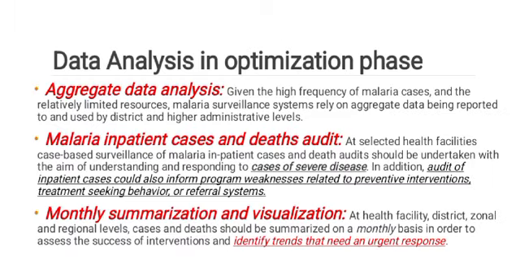Data analysis in optimization phase: aggregate data analysis, given the high frequency of malaria cases and the relatively limited resources. Malaria surveillance systems rely on aggregate data being supported to and used by district and higher administrative levels.